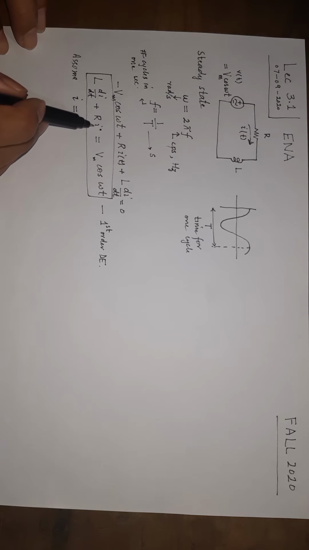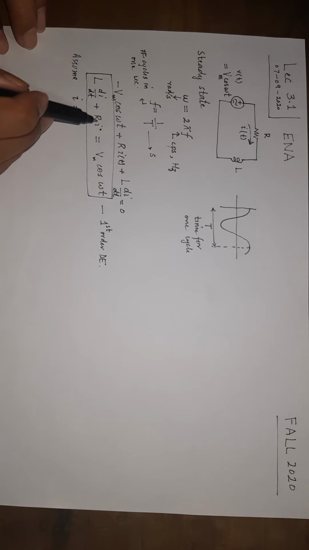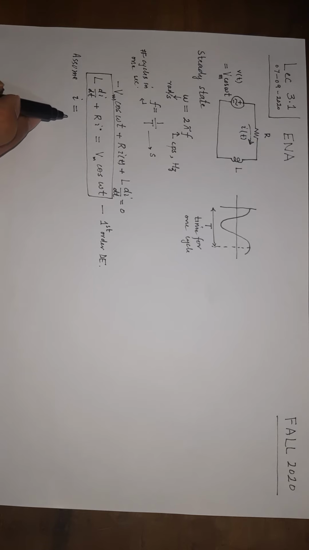So I is a sinusoid, and this term has the derivative of I. We know if I is a cosine function, then the derivative will be a sine function. And if I is a sine function, the derivative will be a cosine function, right?